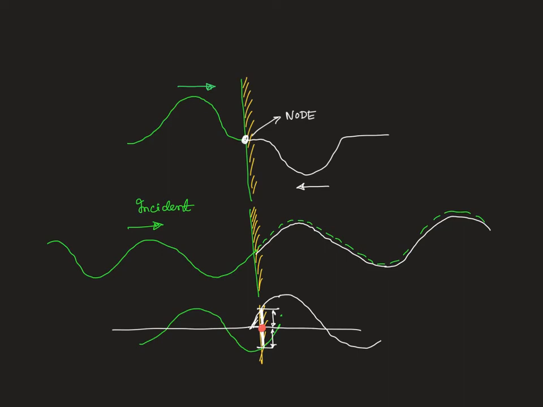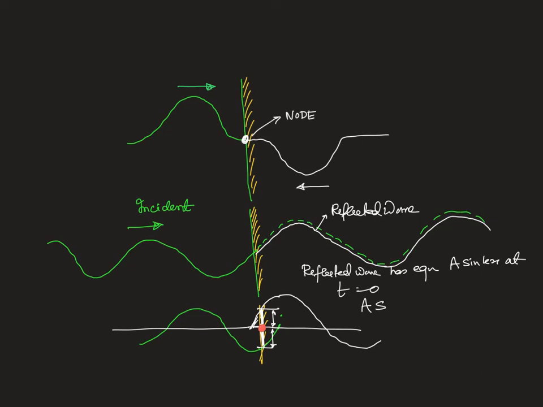So let us look back at it again. This white one is the incident wave, sorry, not the incident wave, the incident wave was that, the green one. This is the reflected wave. So the reflected wave has the equation a sin kx itself at time t equal to 0, and it is moving towards the negative direction of the x-axis.